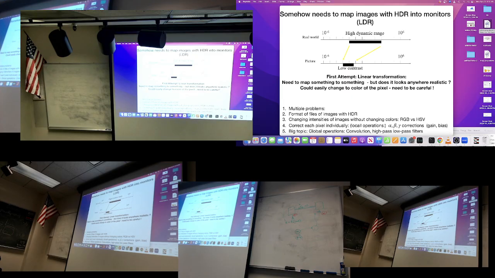Did we see a file format that can represent more than 256 values per pixel, per channel of a pixel? Quick, geeky question. Did we see any format that allows us to work with better resolution of intensities?